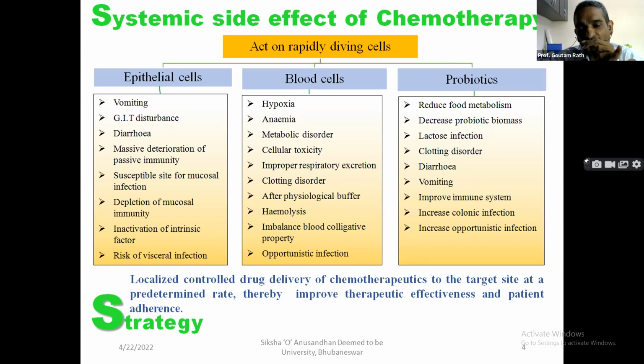So when we discuss NDDS, what is NDDS? There are conventional systems and there are NDDS. Any drug delivery system which is recently launched or recently designed would be defined as NDDS, novel drug delivery systems.